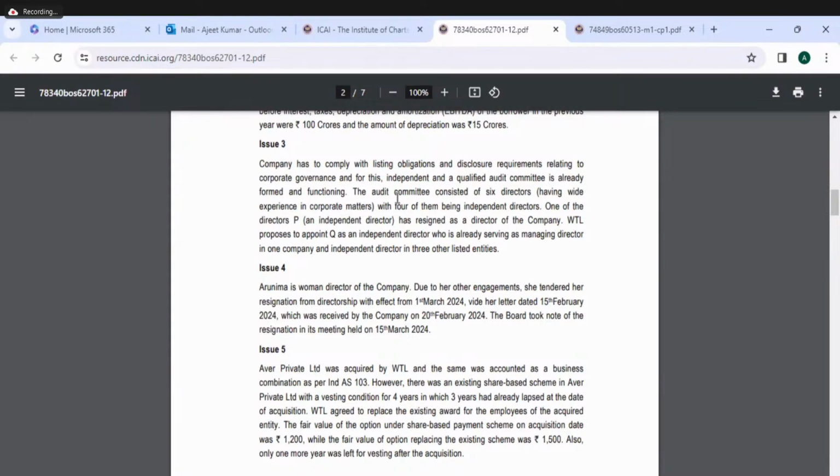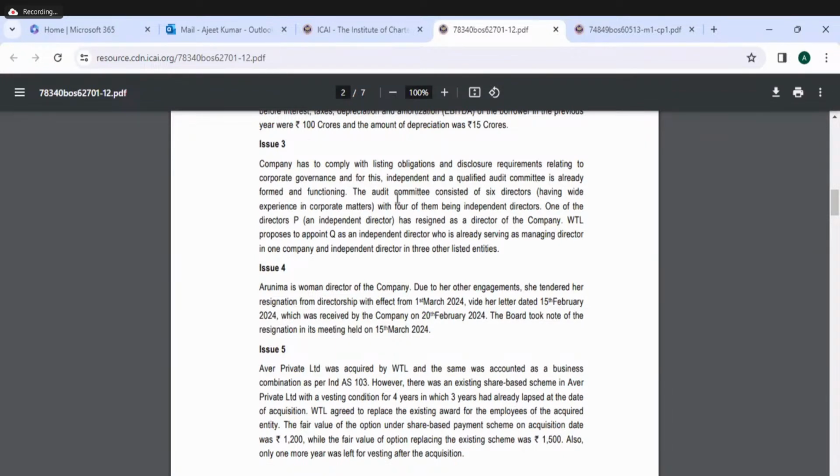If we go at the starting of this case study, it says it is a listed company. So the moment we read the line listed company, our mind should start working on what kind of provisions would be applicable on such a company.